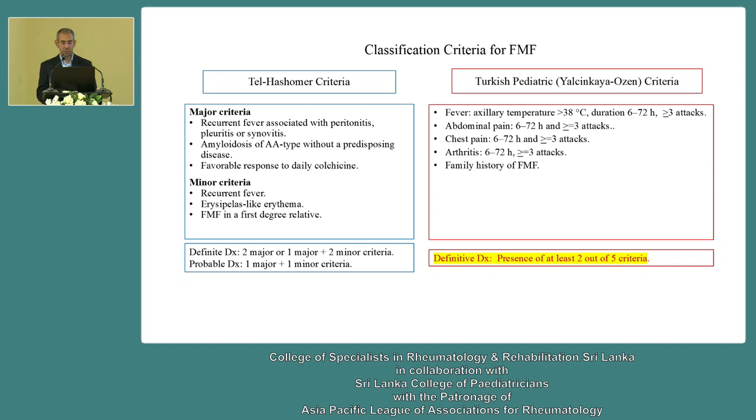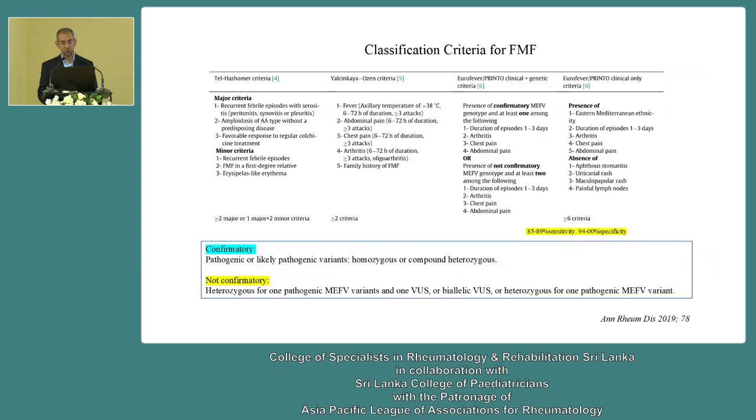They call it the Turkish pediatric criteria, and it is easy, more sensitive, and more specific for patients with FMF. If the patient presents with at least 2 out of 5, this is very sensitive and specific for FMF.